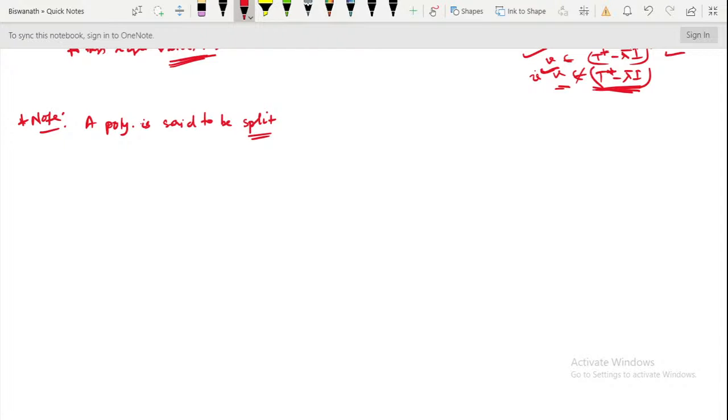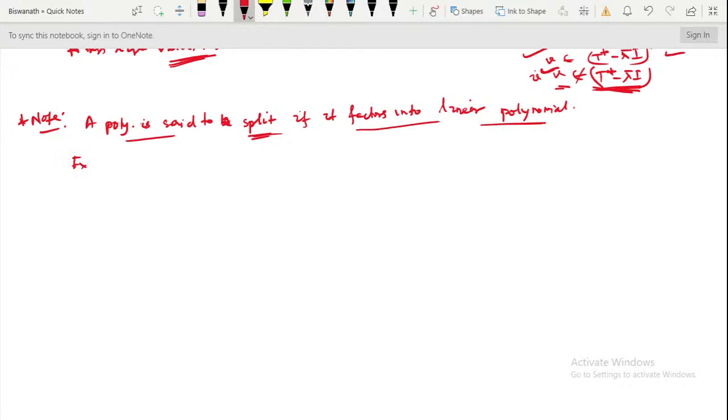A polynomial is said/to split if it factors into linear polynomials. Okay, a polynomial is said to split if it factors into linear polynomials.